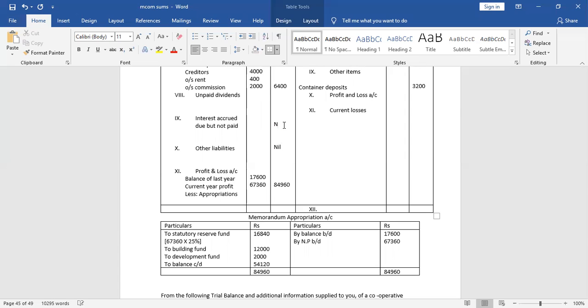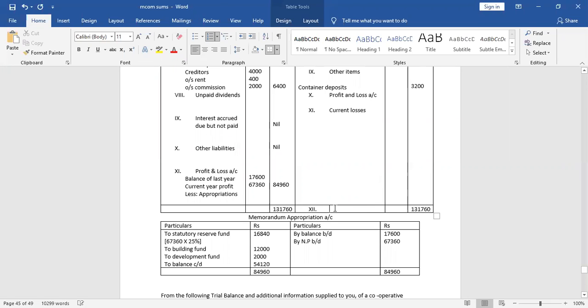So what are you getting as the balance sheet total? The balance sheet total should be 1,31,760. This should be the balance sheet total.